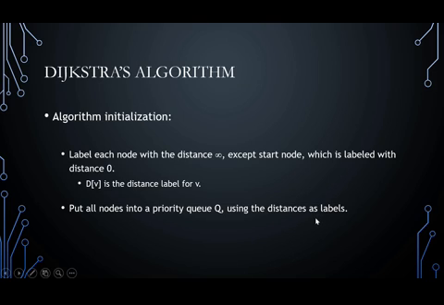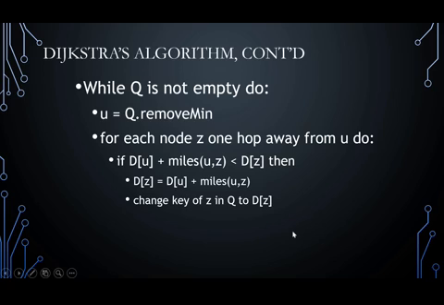Don't worry much about what a priority queue is or how the implementation goes on. You need not bother. What I am trying to do is, of all these distance labels, whichever is the shortest distance will appear first. That's all. That will be my highest priority.